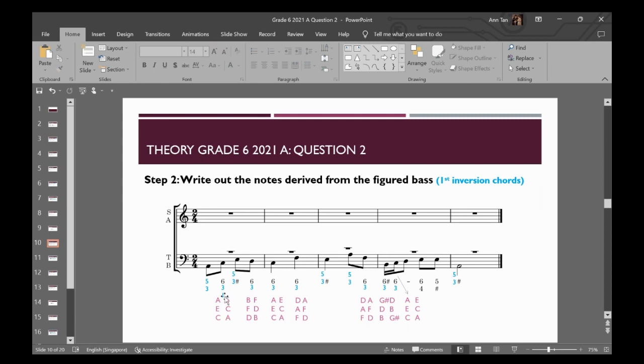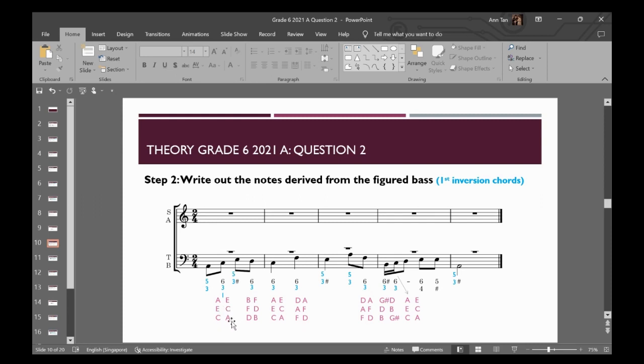So if we count upwards from C to the third of the chord, we'll have an E. And similarly, for the 6th note from C, we have an A. So the notes now of this chord are C, E, A. We need to reorganize this chord so that it's easy for us to understand what chord this is relative to the key.